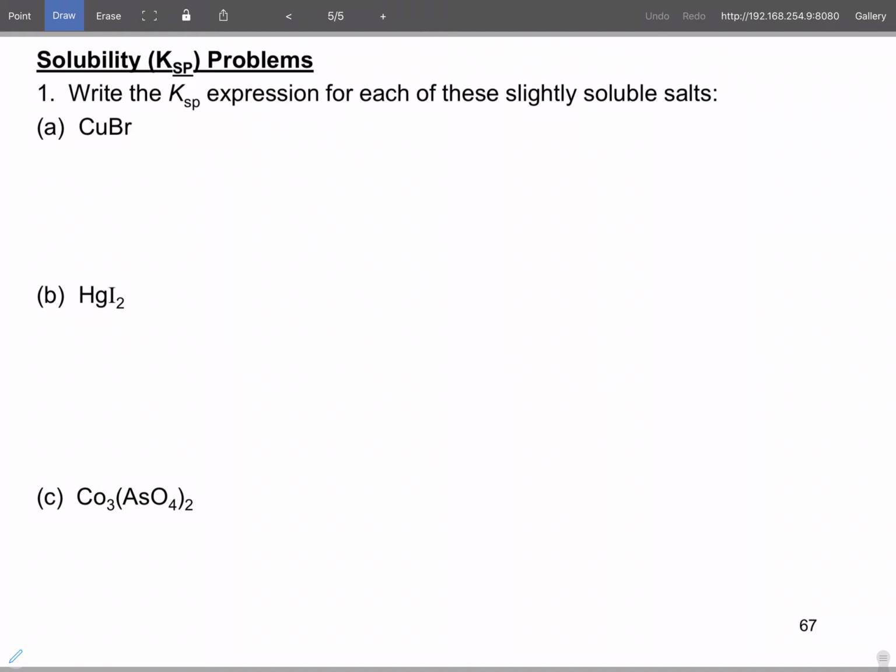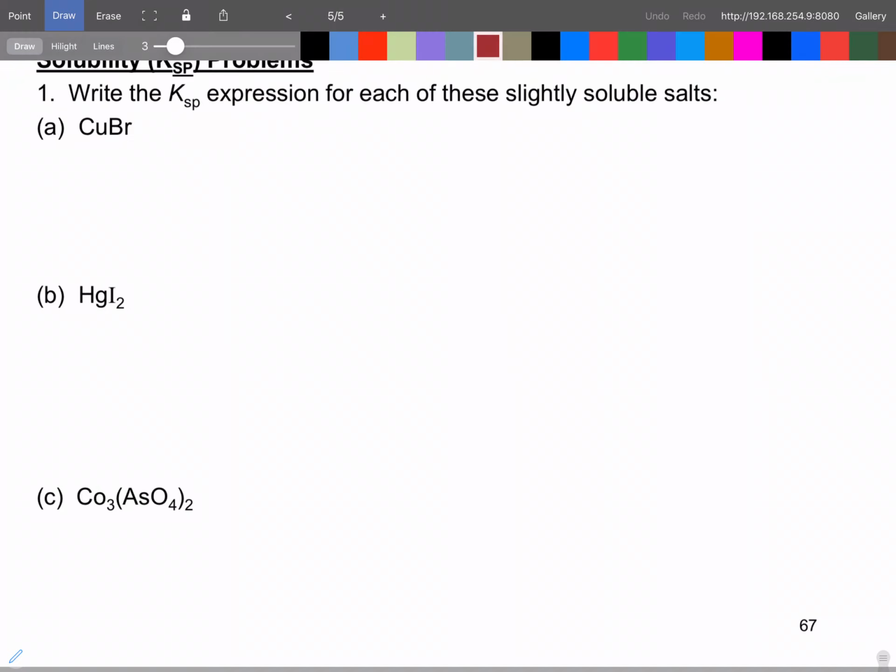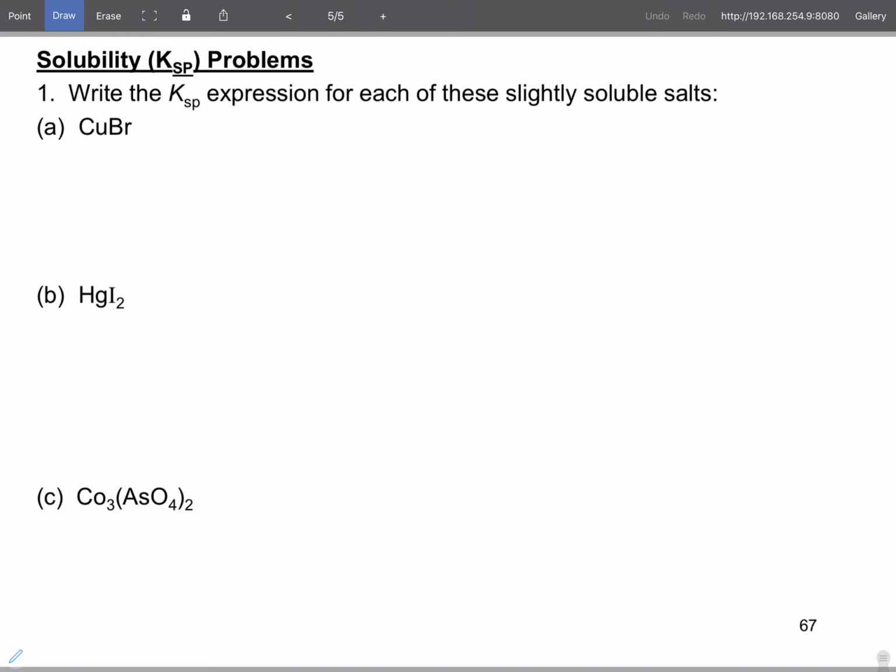So the next one, we're asked to draw the Ksp expressions for each of these slightly soluble salts. That means they'll have a K associated with them. So for example, if you write out the entire equation here, it's going to be copper plus bromide minus. You have to remember the charges, and remember, go back to the periodic table. So copper can be 1 plus or 2 plus, and in this case, it's 1 to 1 with bromide.